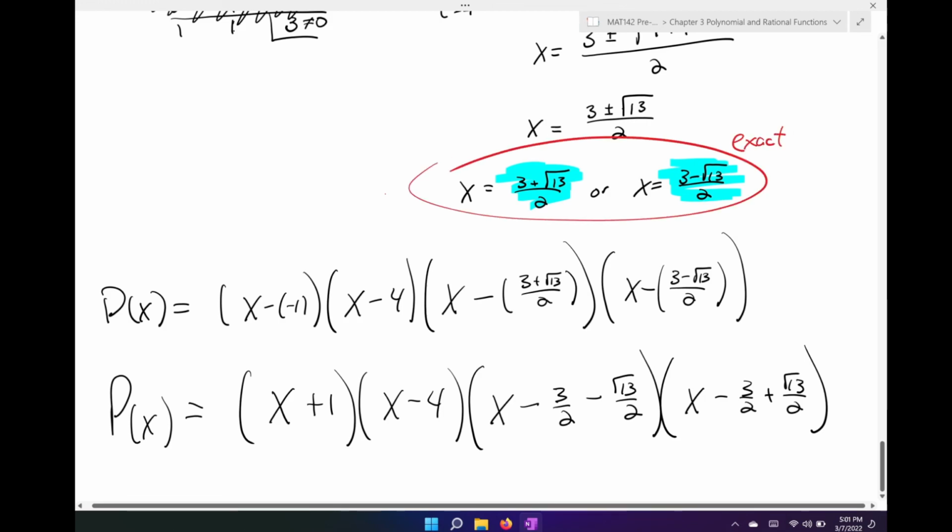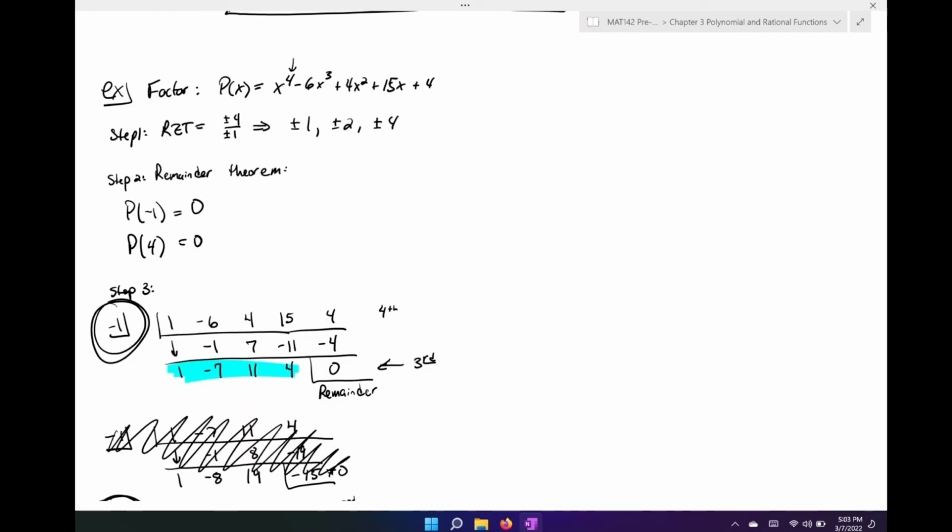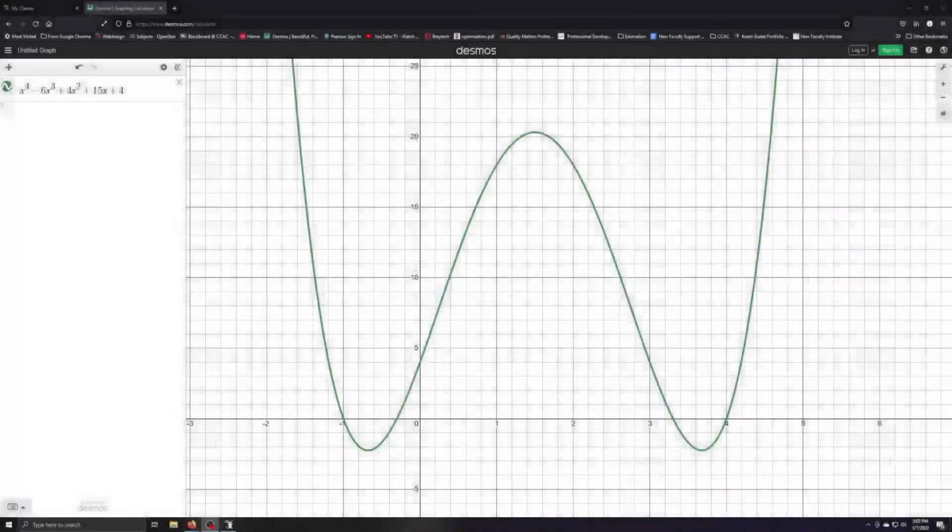However, if you were to graph this in Desmos, let me show you. So I need to fix everything here on Desmos, so give me one second. Okay, I'm back.